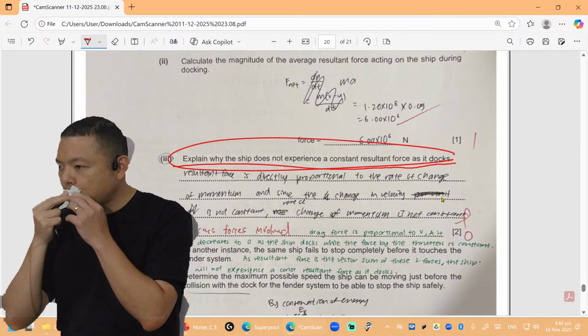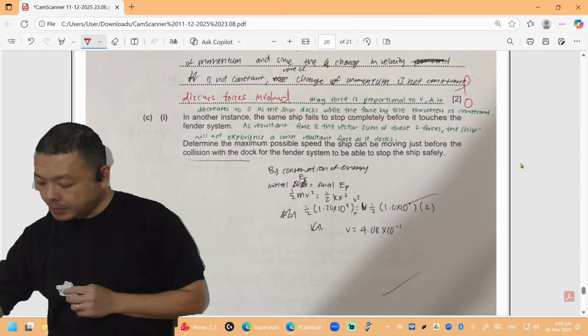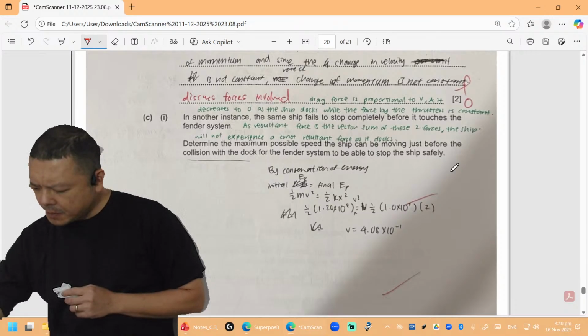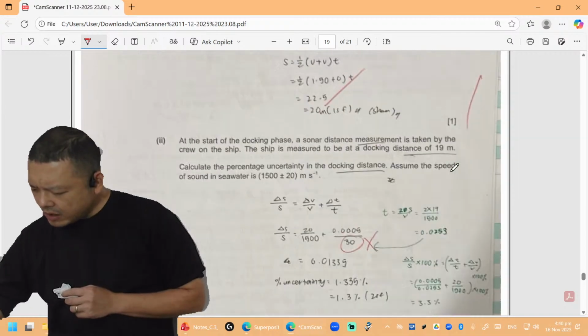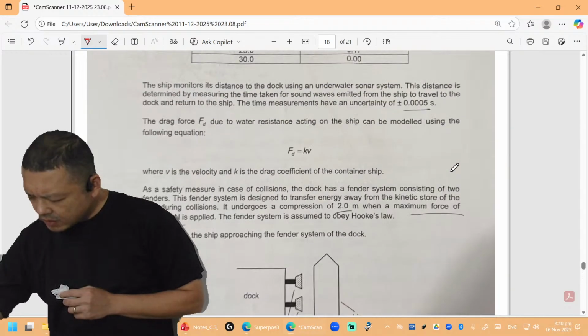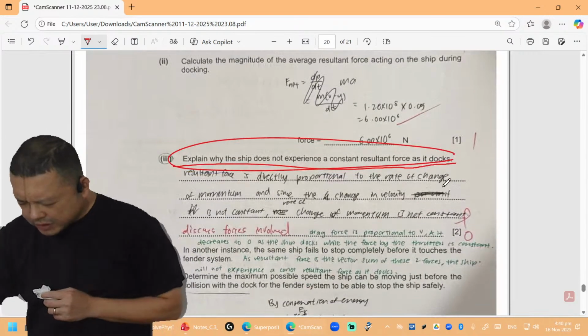What else? Part C(i). Get the equation for the work done on the fenders.